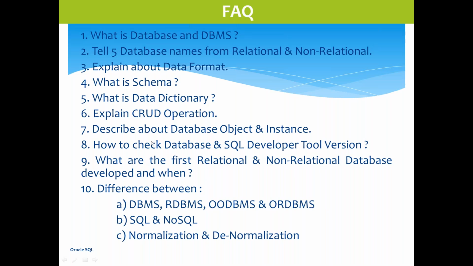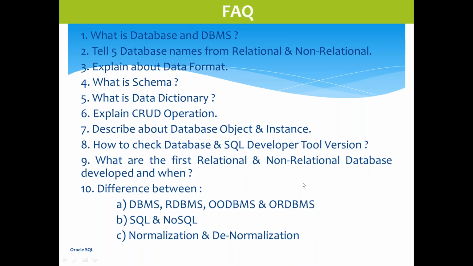Next question. What are the first relational and non-relational databases? Which database was developed first, in relational and non-relational? One from relational, another from non-relational. Hundreds of databases are available. Some are relational, some are non-relational, SQL DB, NoSQL DB. So which is the first one in the world which was developed?